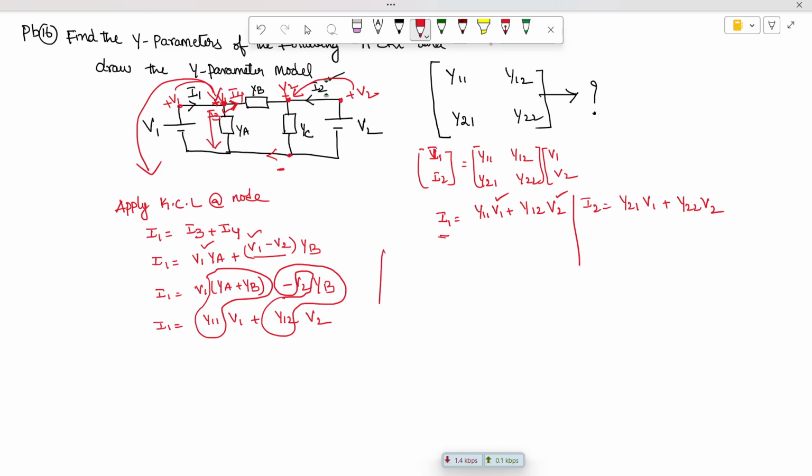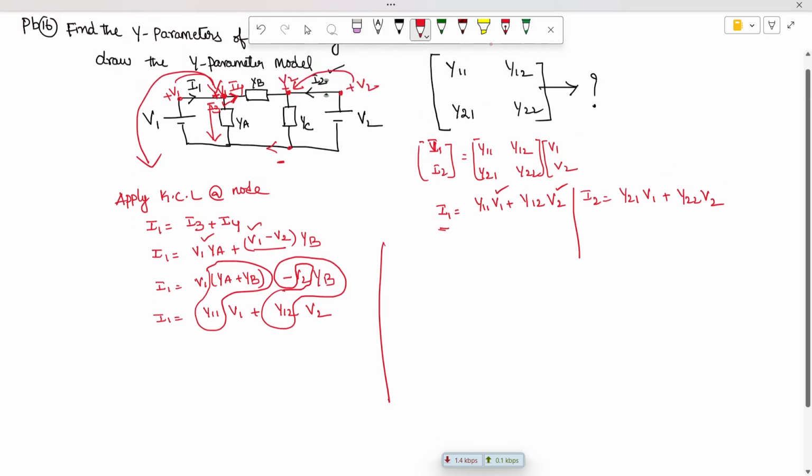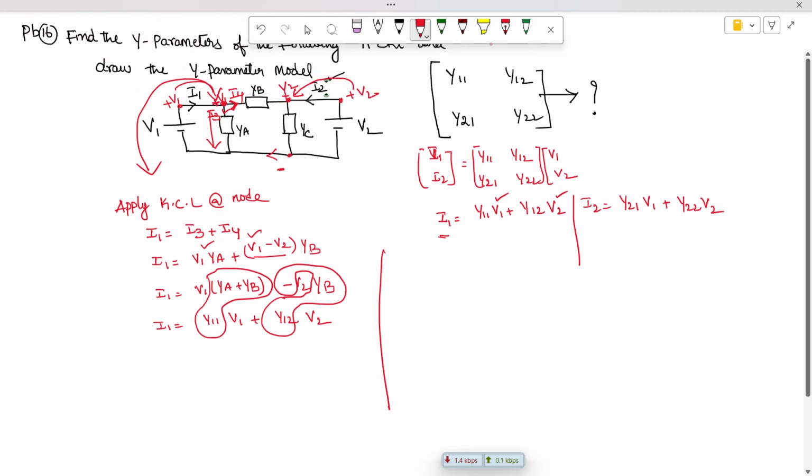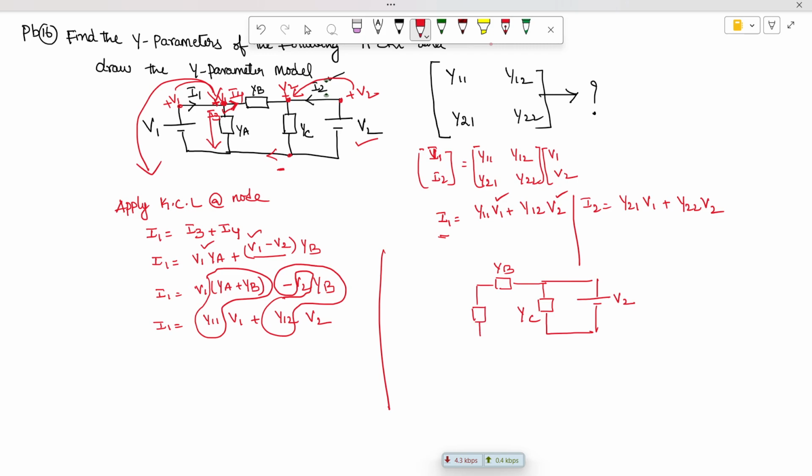Similarly, I'm going to reconstruct this network, now considering the output port. I'm redrawing the network. This is V2, and this admittance is YC, this admittance is YB, and this admittance is YA.